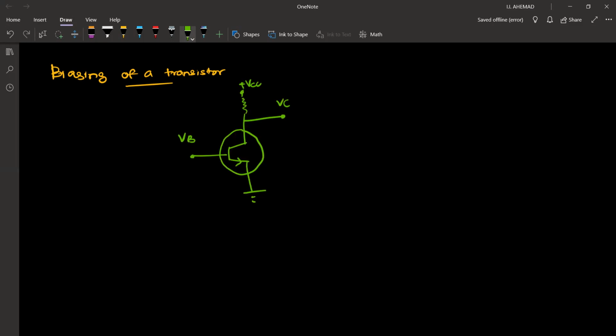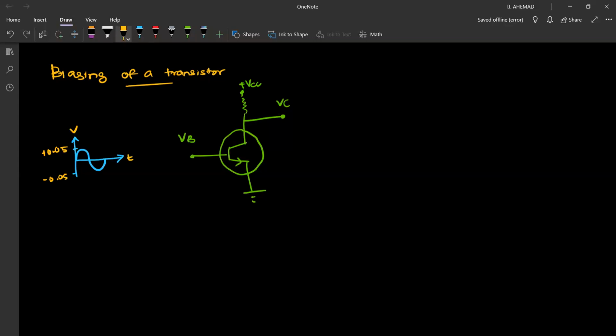So now we are going to apply a signal of plus 0.05 and minus 0.05. So this is the voltage versus time signal. This is a very small signal.